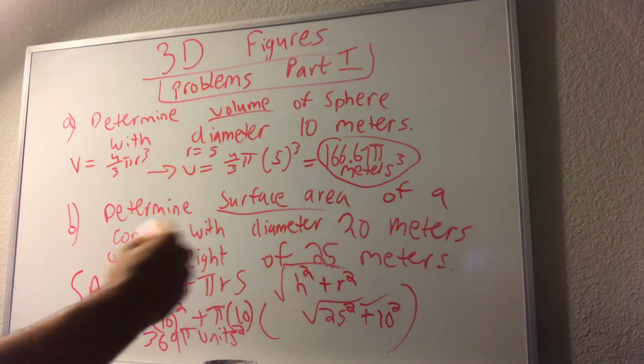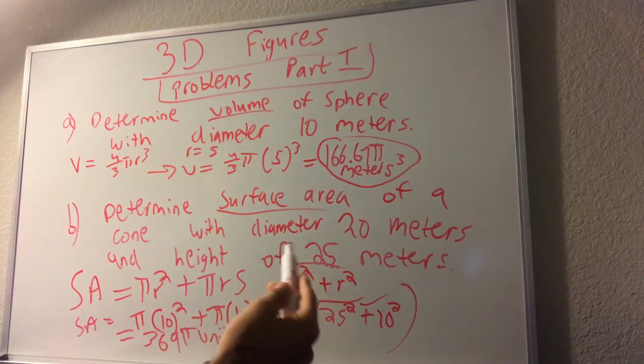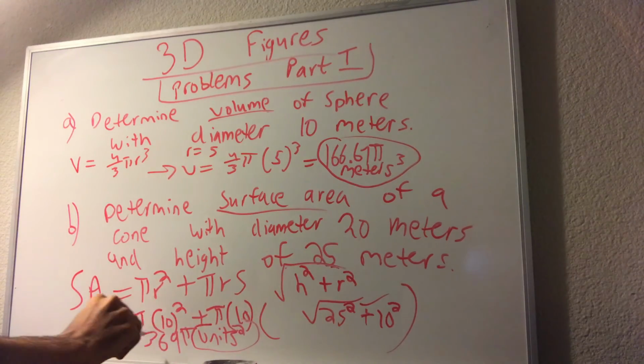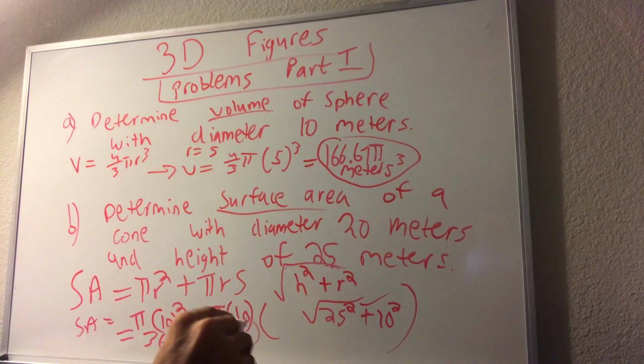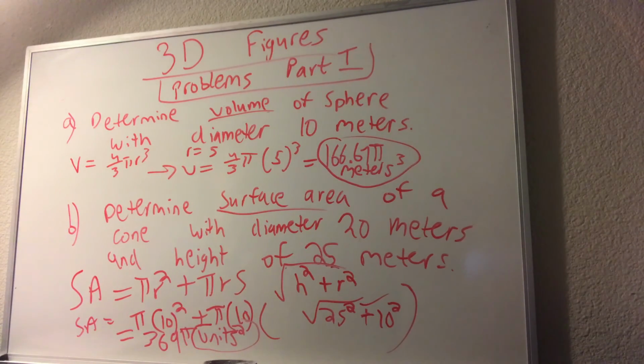Remember that here we're finding the surface area, so your units will be units squared. Here it was volume, therefore it was meters cubed. So be careful with your units. This answer is 369 pi units squared, and the first one was 166.67 pi meters cubed. Thanks for watching.